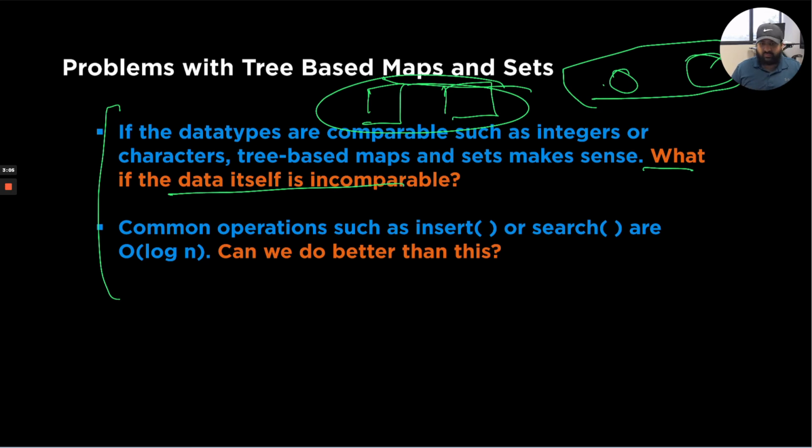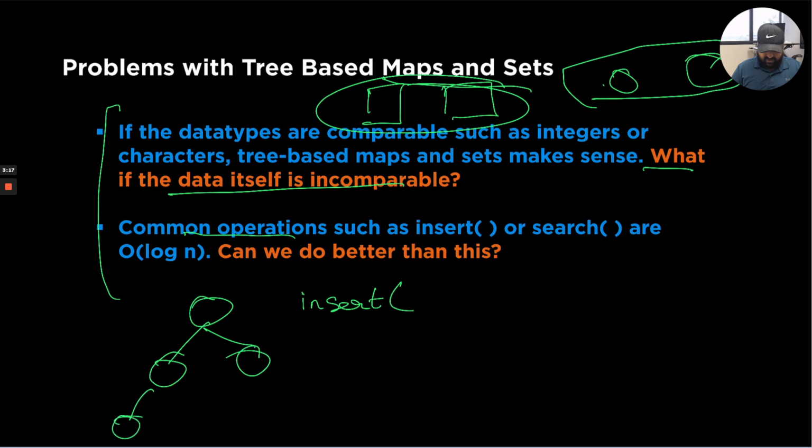And the second one was the common operations in tree-based maps or sets. Let's say I try to insert an element into my set, which is backed by a tree. Essentially you start from the top and keep going left or right depending on where it needs to be inserted, and you append it just like in a regular BST or a red-black tree.